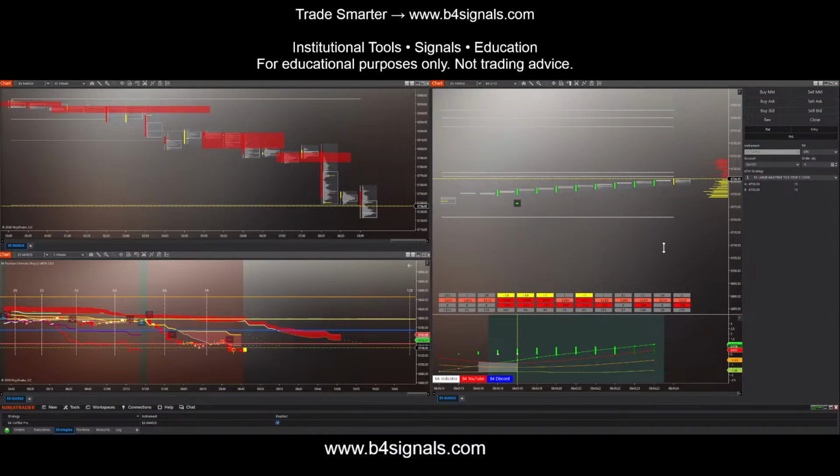Get that strategy re-enabled. Again, we're overall bearish with Ichimoku. We're still below the Tenkan here, but it just has so much movement in it right there.